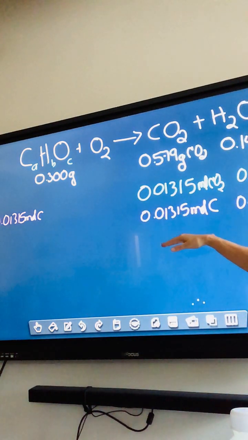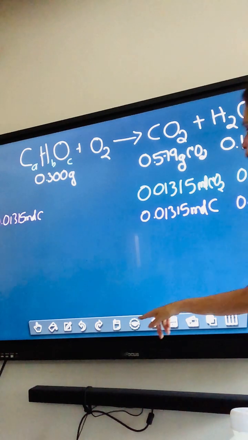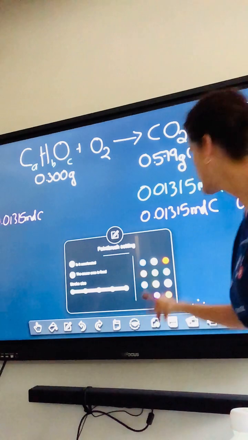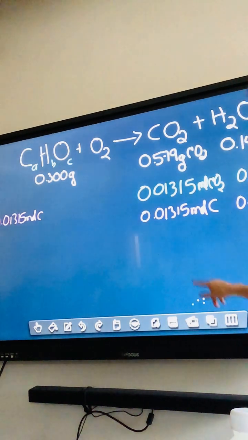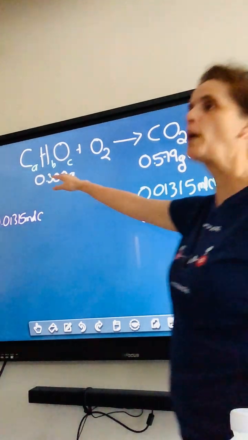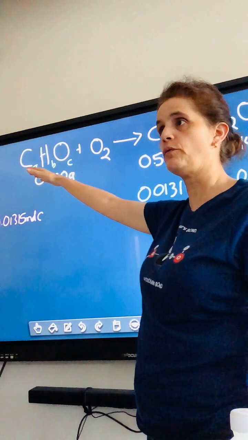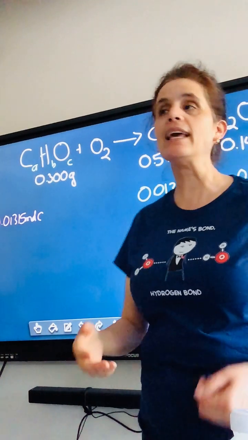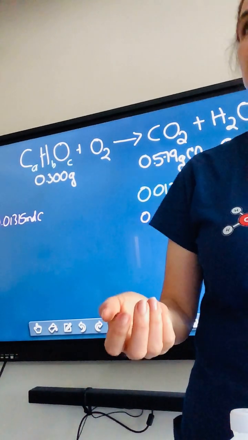Can you find the grams of carbon? Go find the grams of carbon and the grams of hydrogen, and we should be able to subtract them from the beginning of my sample, and then I'll find my grams of oxygen, right?